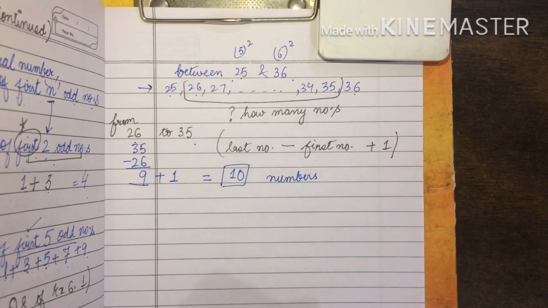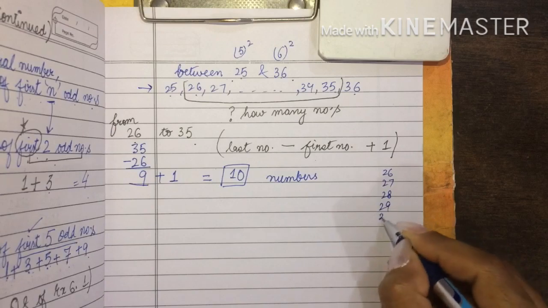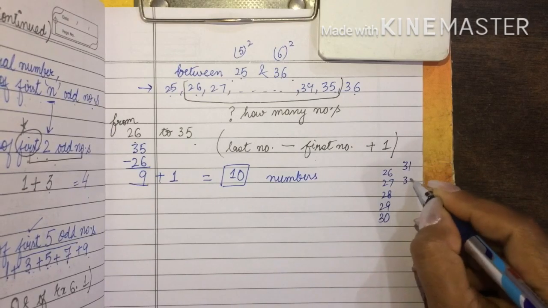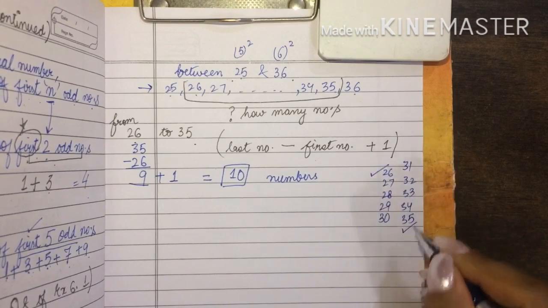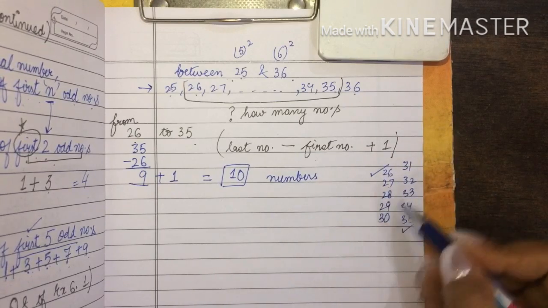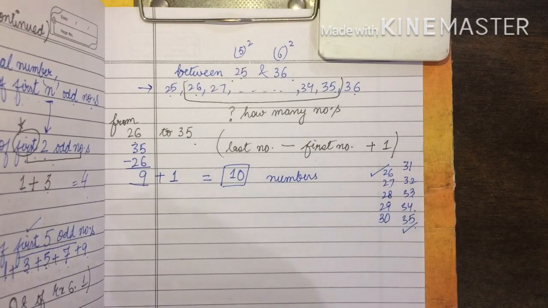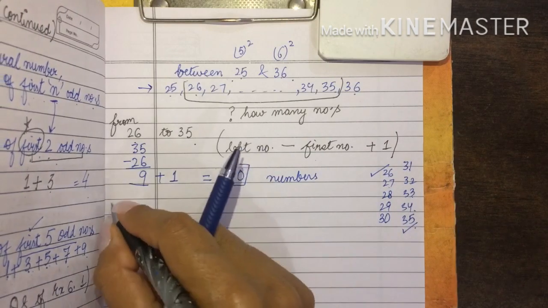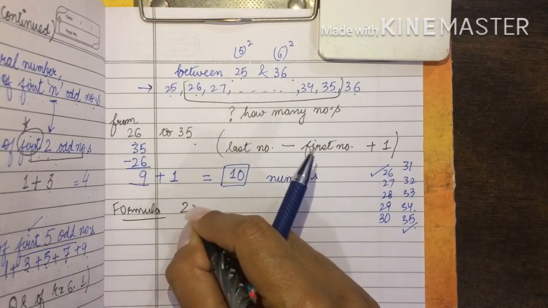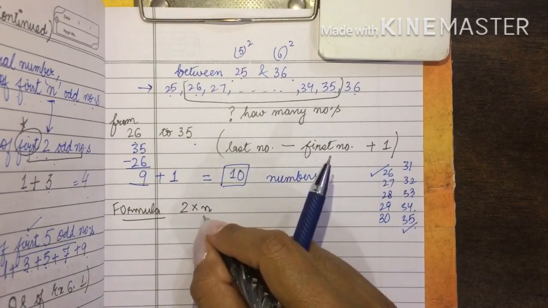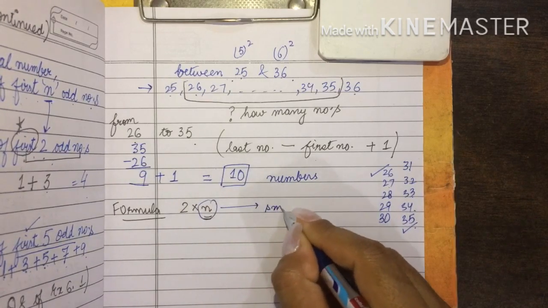If you want, you can count 26, 27, 28, 29, 30, 31, 32, 33, 34, 35. From 26 up to 35, that is 10 numbers. And if I had to use the formula, it says 2 multiplied by n, where n is the smaller number.